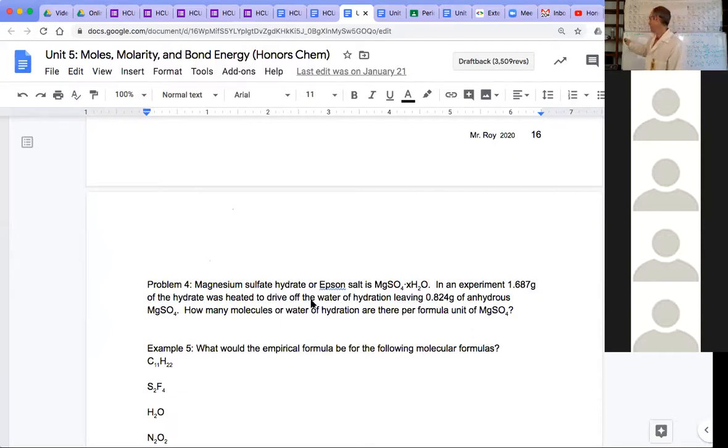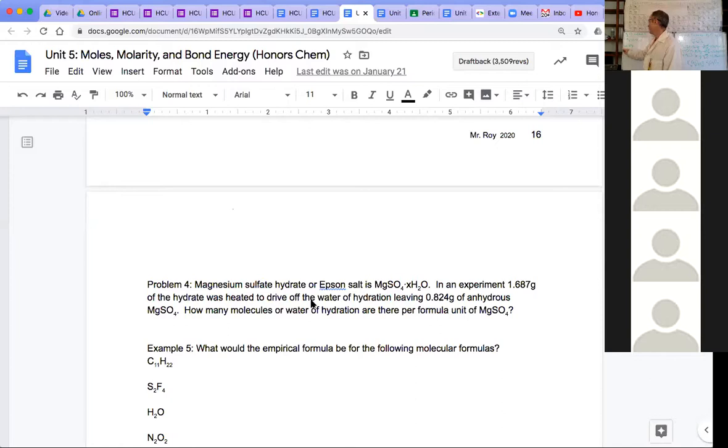So we're trying to figure out how much water is in this. So we're looking for the amount of H2O in this hydrated Epsom salt. And in the experiment, we started with 1.68 grams of the hydrated material. So that was our mass.